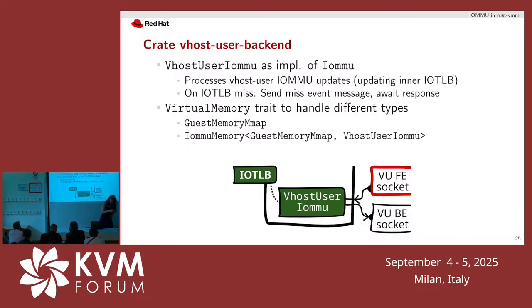So as a user, you cannot use any guest memory, but you have to use guest memory mmap. And this is a purely physical memory type. So this requirement would be relaxed by having a trait, and users can then choose which type exactly they want to use, whether they want to continue to use guest memory mmap or the potentially virtual memory type IOMMU memory, wrapping around the guest memory mmap and a vhost-user IOMMU.